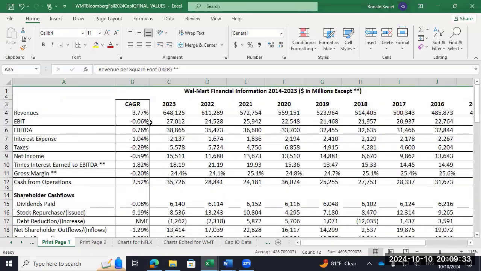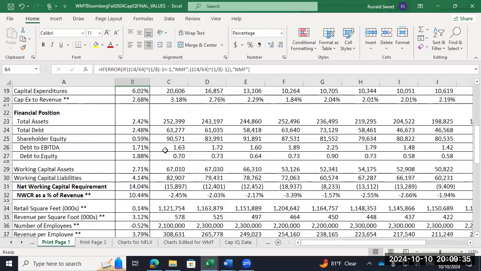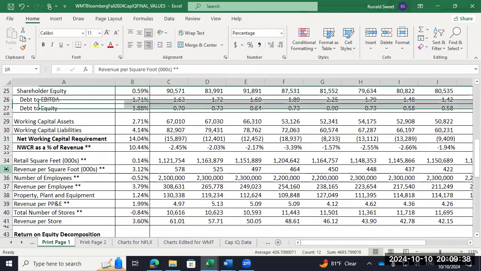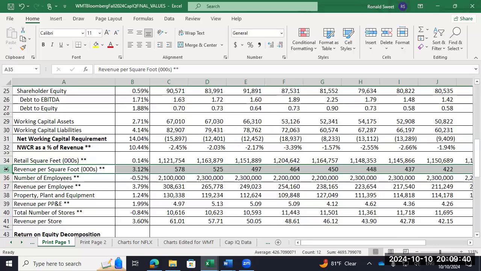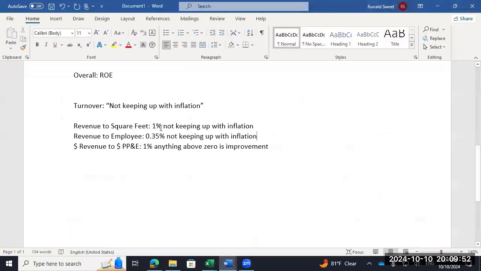So their revenues grew about 3.5%. And most of that was improved turnover, even though the bulk of that's probably just keeping up with inflation. Inflation's 2%, so they kept up with inflation and they added an extra 1% of improvement. You might talk about it. Let's say the revenue per square feet grew 3%.